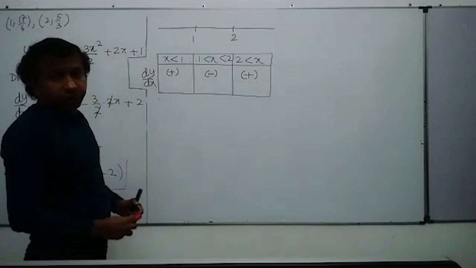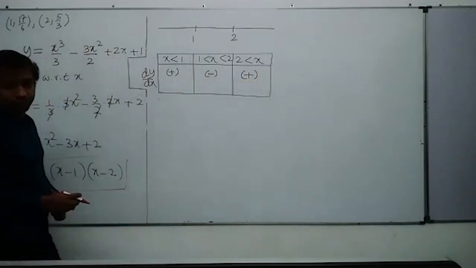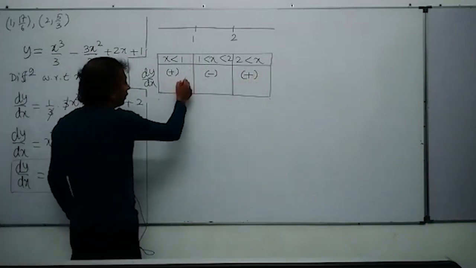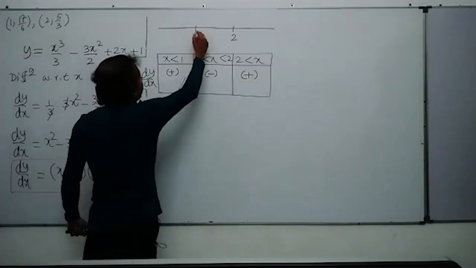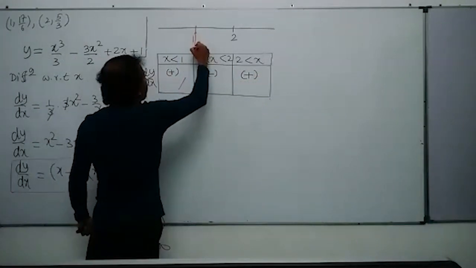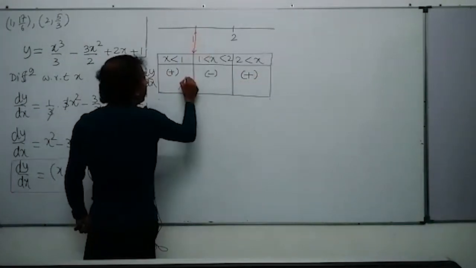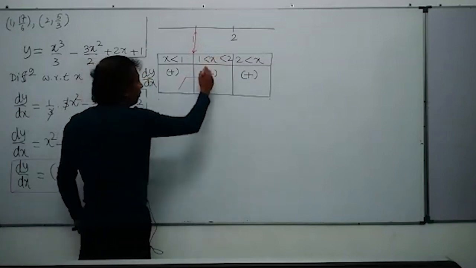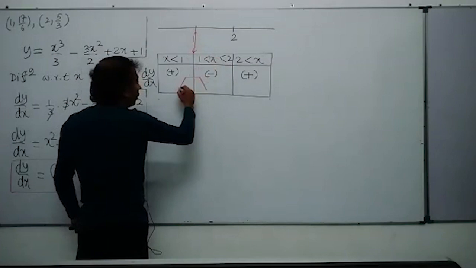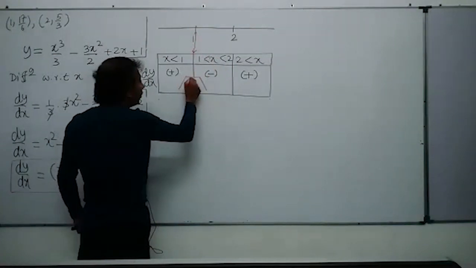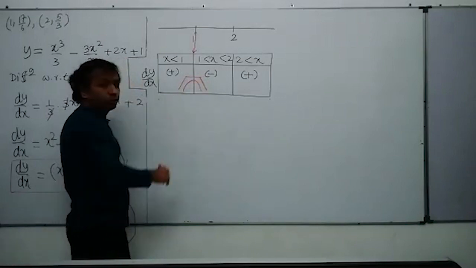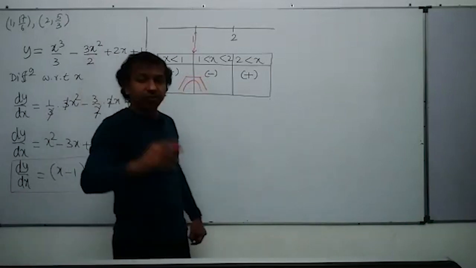Now, a positive gradient line in this interval, if we draw, should be like this. Exactly at x equals 1, we know the gradient is 0, the line is horizontal. After that, in this interval, it is negative. Positive gradient, 0 gradient, negative gradient. People, obviously then that should be of this shape, therefore it is a maxima.